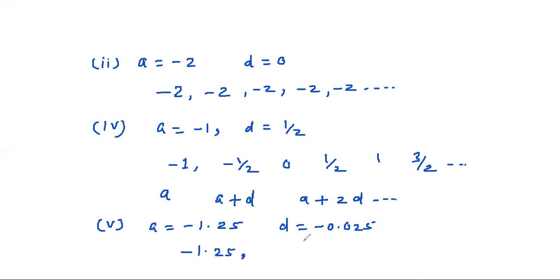Then when we add -0.25, the next term will be -1.50. The next term will be -1.75. The next term will be -2.0, and so on. Now let's go to the next question.